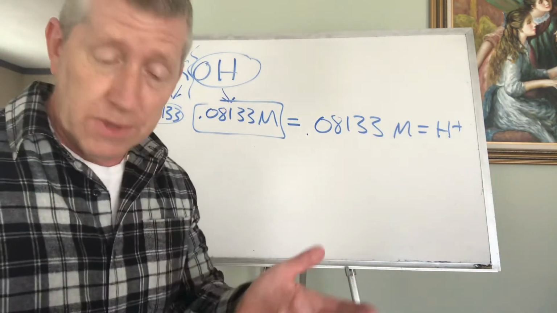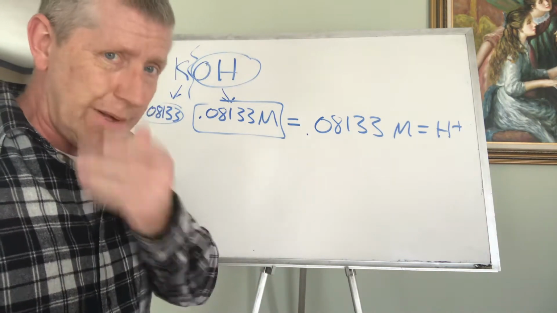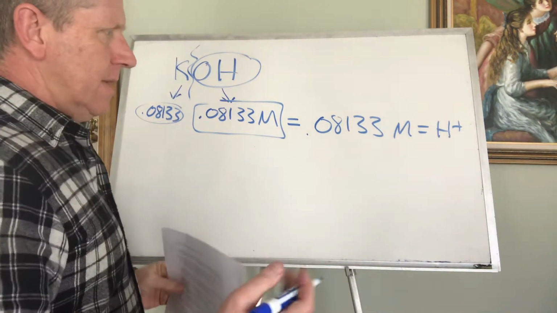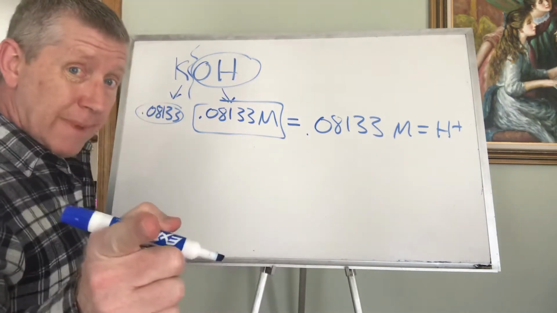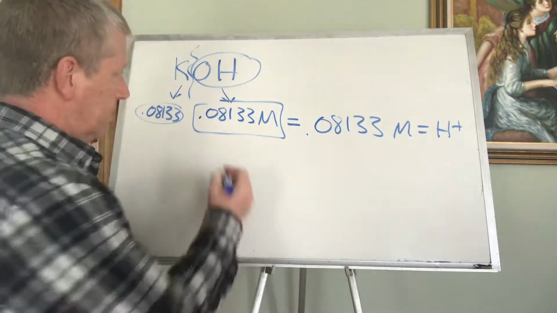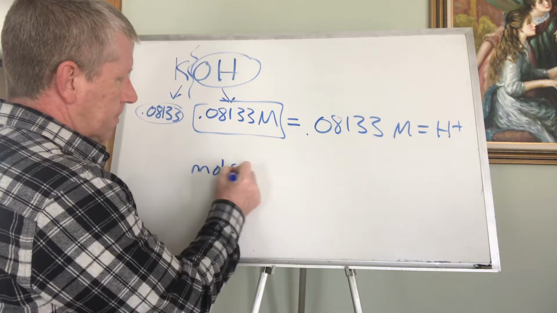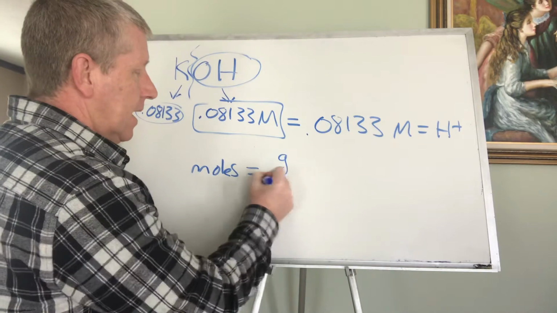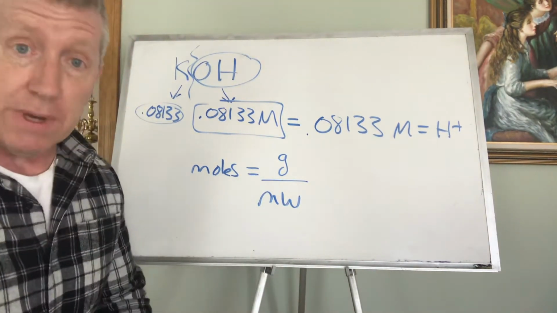So what is actually the question? The question is, calculate the molar mass of the acid. Okay, that could be a little tricky. If I'm going to calculate the molar mass of the acid, if we remember back from Chem 1, the moles is equal to how many grams of something you have divided by its molecular weight, or you can say molecular mass from the periodic table.